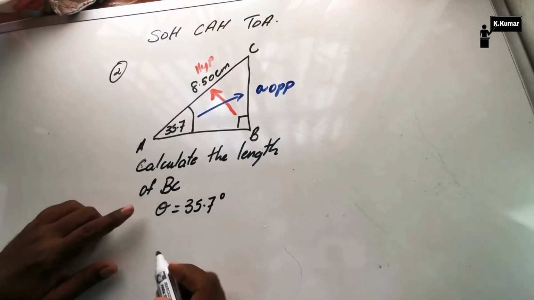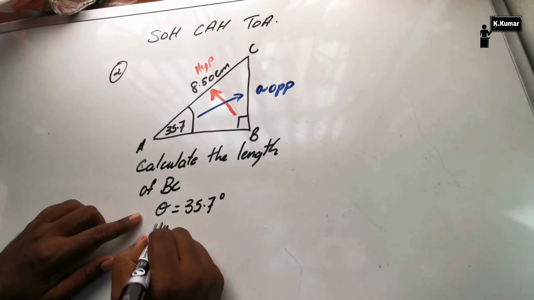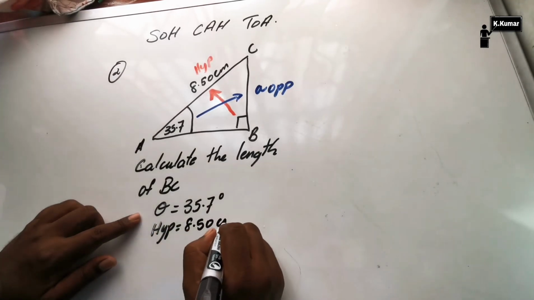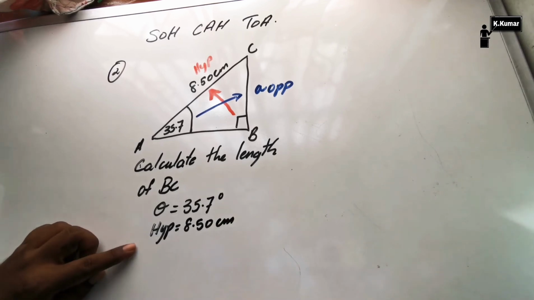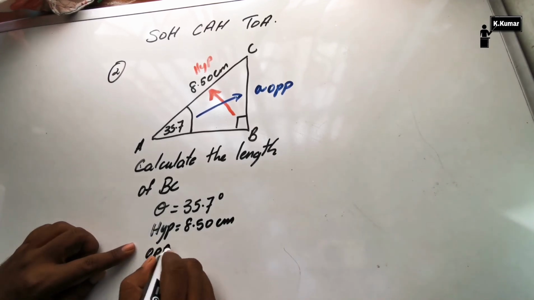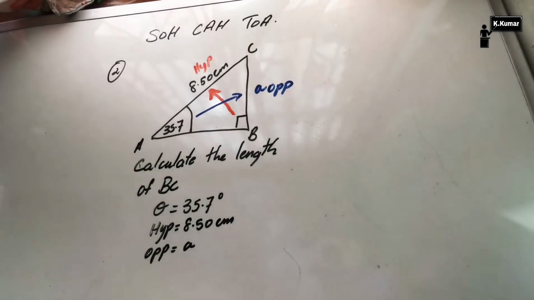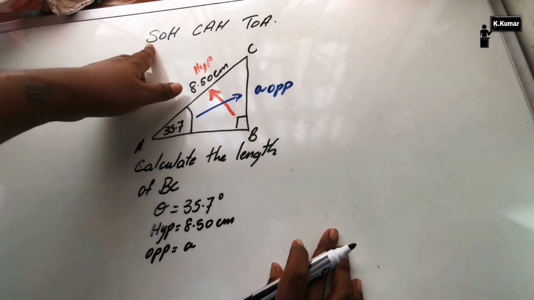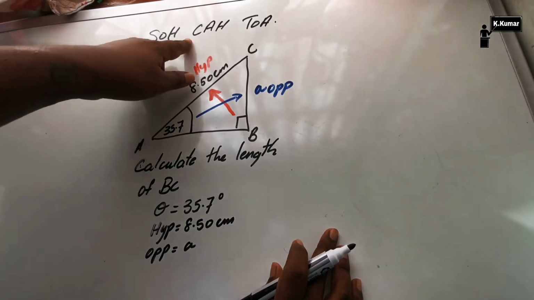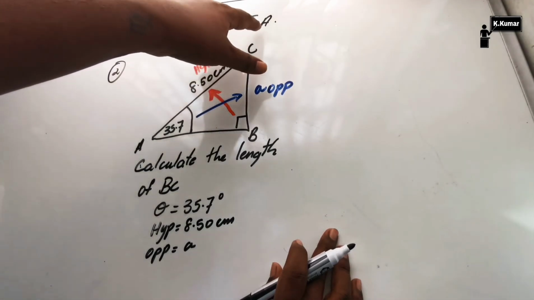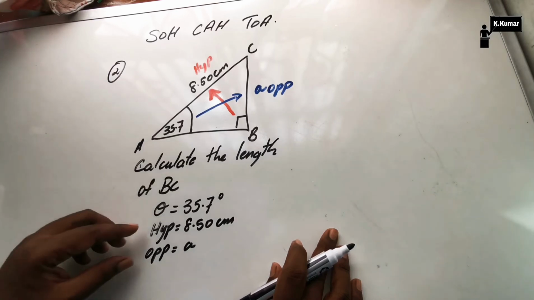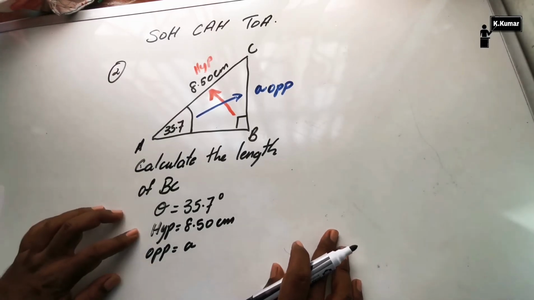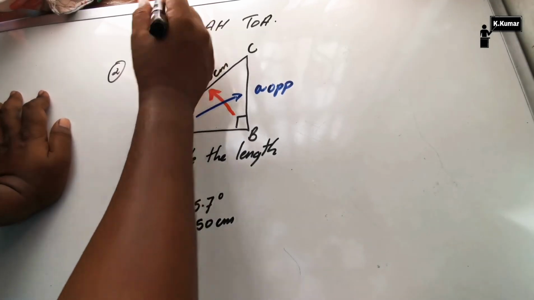Let's write down what we have. Our hypotenuse is equal to 8.50 cm, and our opposite side is equal to A. Looking at our trig ratios, which one has hypotenuse and opposite? It would be sine.